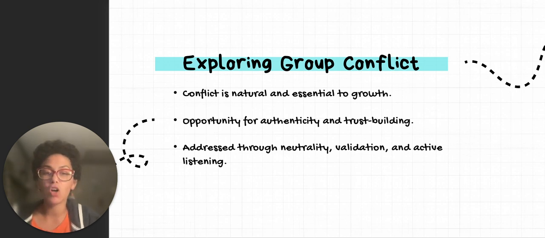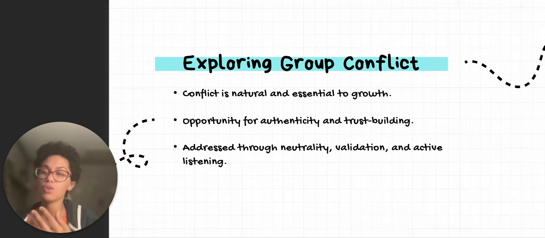So by addressing conflict openly, the group can work through differences, build stronger relationships and foster a greater sense of trust. And when exploring conflict in the group, the leader's role is to maintain a neutral and supportive stance. So this is to be able to help members to communicate their feelings and perspectives without escalating the tension.